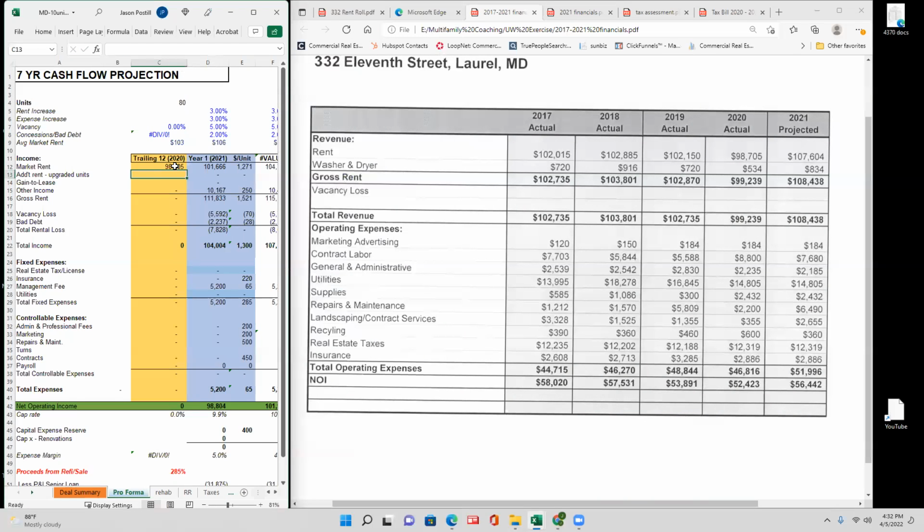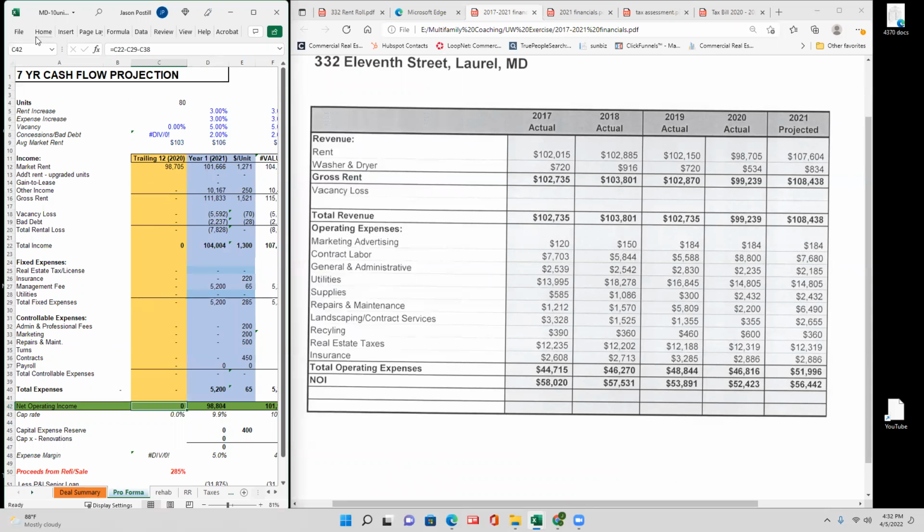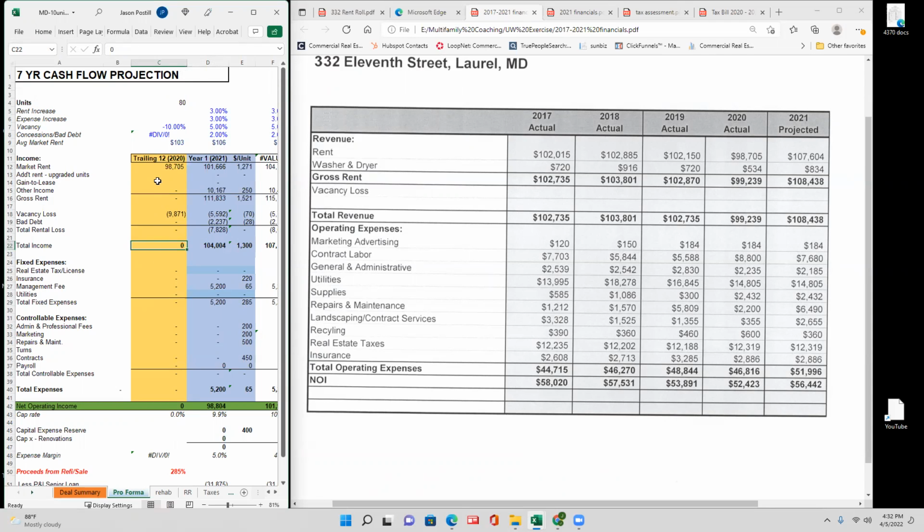I don't know why it's not showing down here. It should be showing down here. I don't know why this is not pulling through. -10, 0.